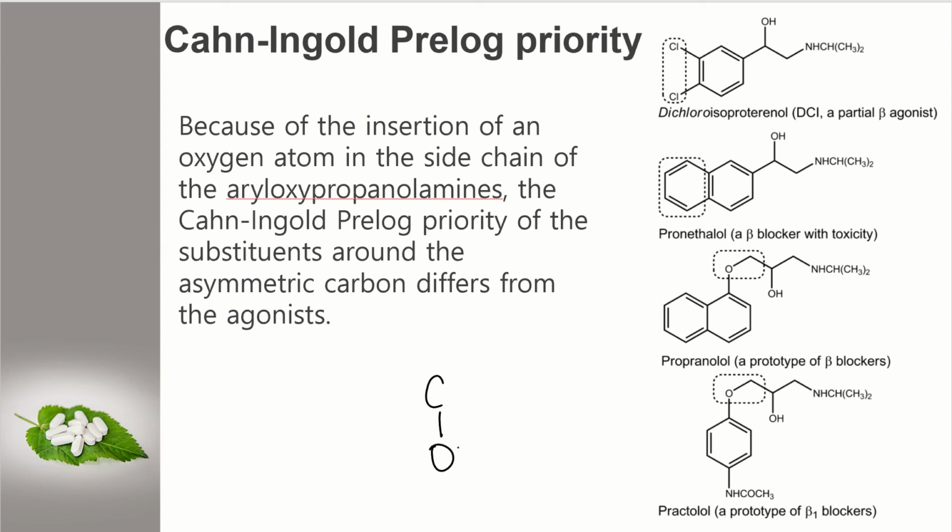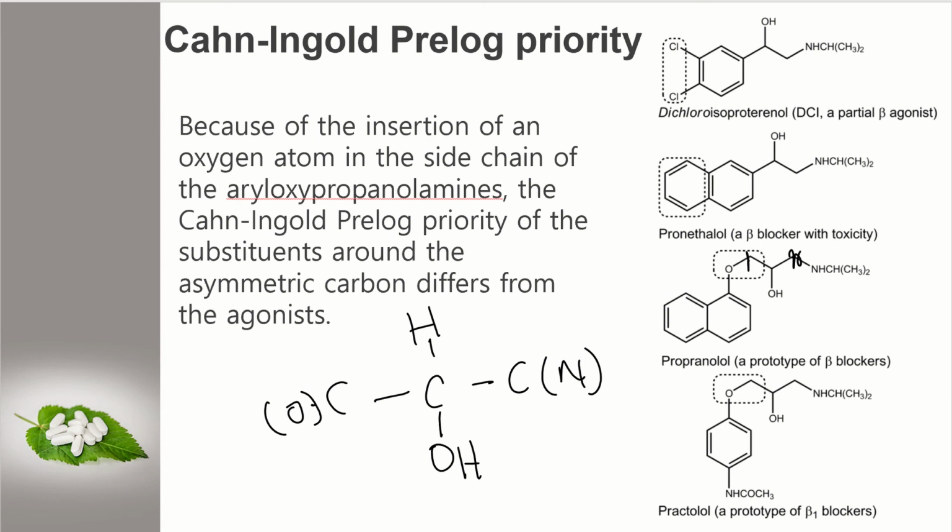So we have our hydroxyl group, and we have our carbon that is bonded to a nitrogen, and we have a carbon that is bonded to an oxygen, right? And then we have our hydrogen, right? So this is the carbon, for example, that is bonded to our nitrogen, and this is the carbon that's bonded to our oxygen, right?